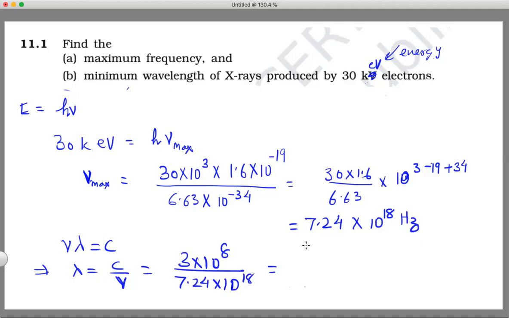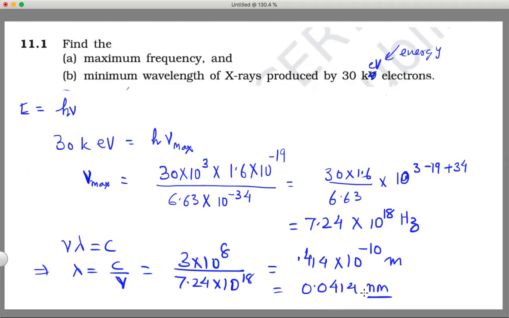So we get 0.0414 nanometers. We prefer to give the answer in nanometers, although it's not a must, because wavelengths we usually give in nanometers.